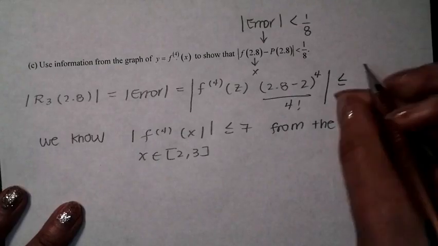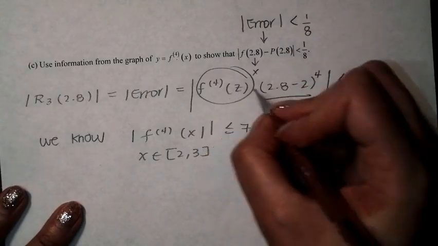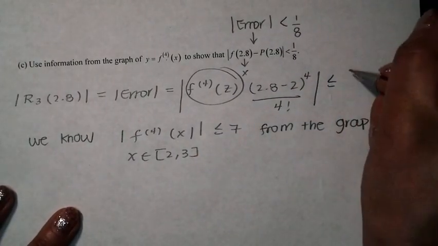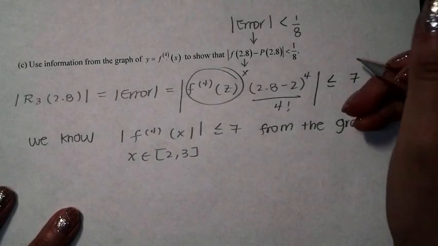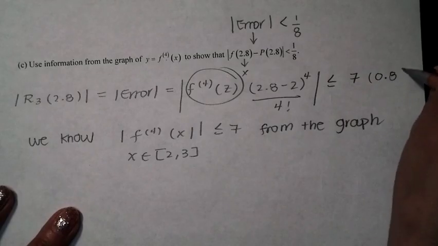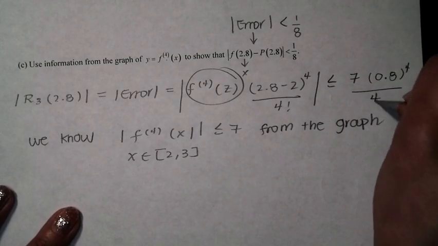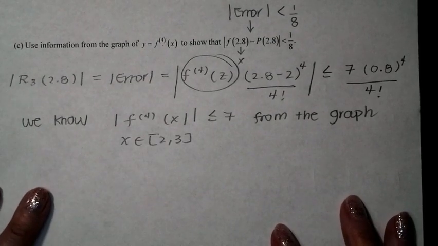So this guy that you have, the maximum that it could be is 7. So I'm going to replace that with 7 and leave the rest the same: 0.8 to the power of 4 divided by 4 factorial. You're going to ask why I just removed the absolute value magically.